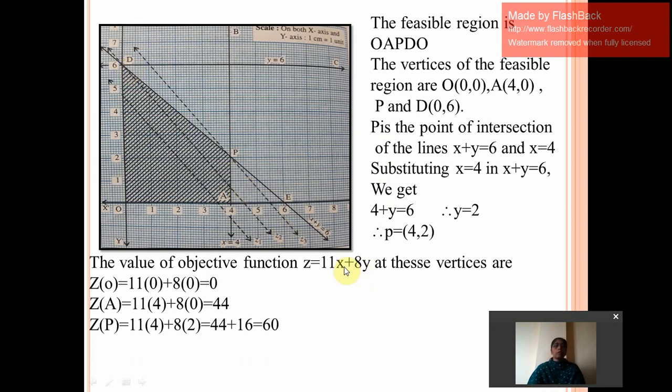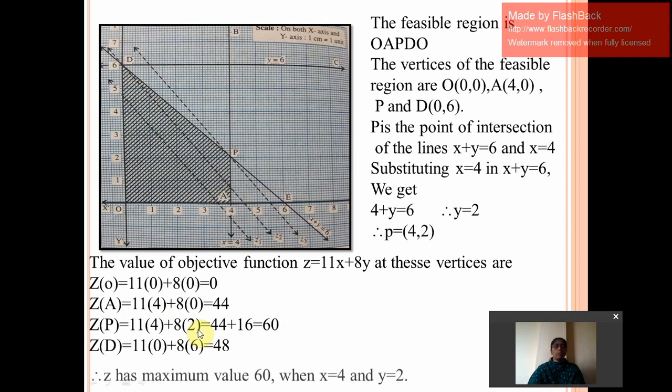Put x is equal to 0, y is equal to 6: 48. Observe z of O, z of A, z of P, z of D. The maximum value is 60 at point P, 4, 2.